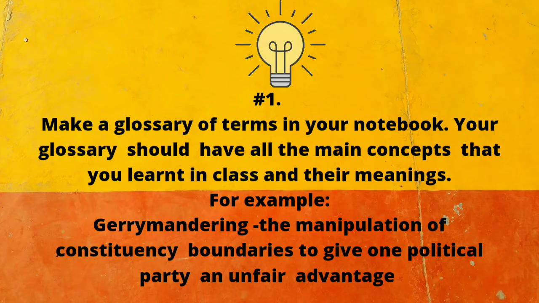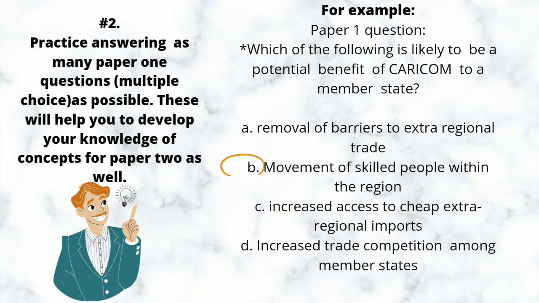Second tip that I have for you: practice answering as many Paper 1 questions, the multiple choice questions, as possible. These will help you to develop your knowledge of concepts for Paper 2 as well. I have given you an example here. This is a question that was taken from a Paper 1. Don't remember the year right now.